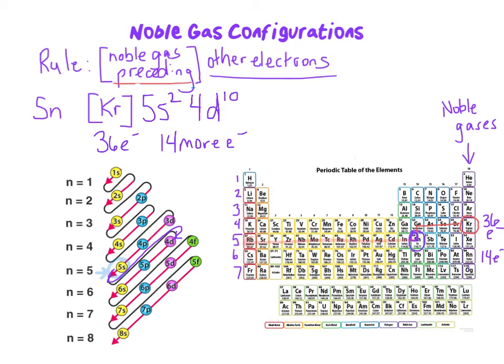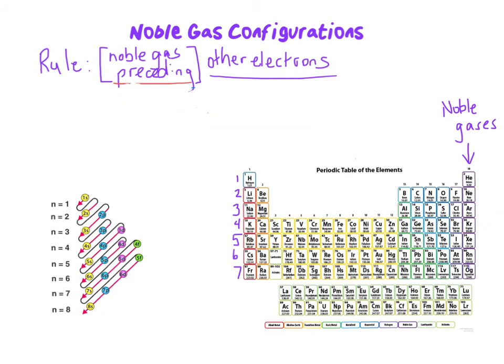So far, of my 14, I've configured 12. So after 4d, I have to go to 5p. I only have 2 more electrons to configure. If you take a look, my 14 more electrons, I have 2 plus 10 plus 2, which gives me those 14. So the noble gas configuration for tin would be Kr 5s2, 4d10, 5p2.